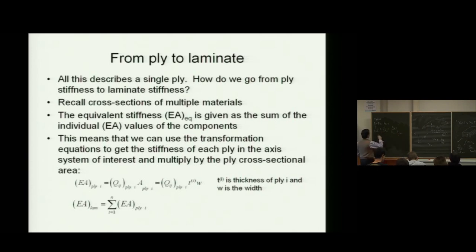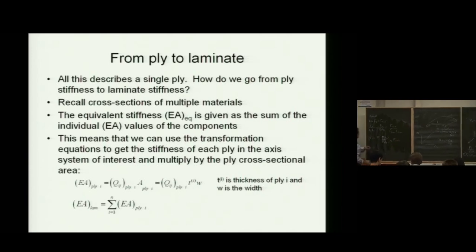So if I take this relationship and substitute for F2 here, I get that F1 plus F2 is F1 E2 A2 over E1 A1 plus F1, which equals F total.